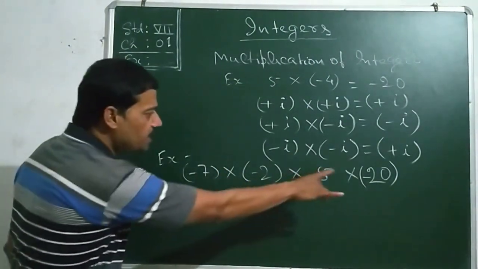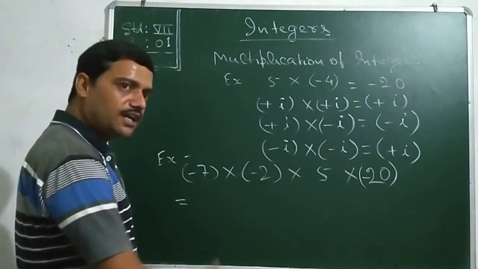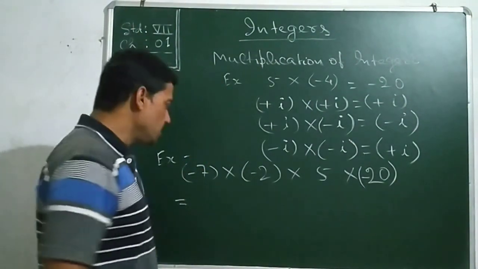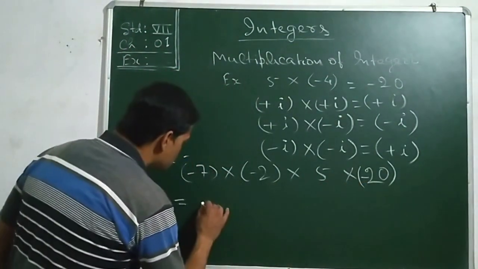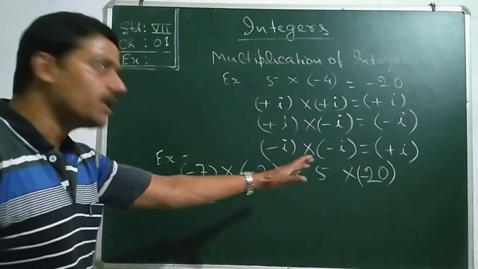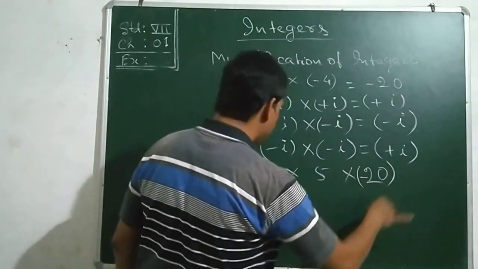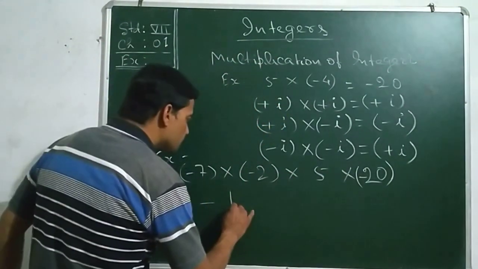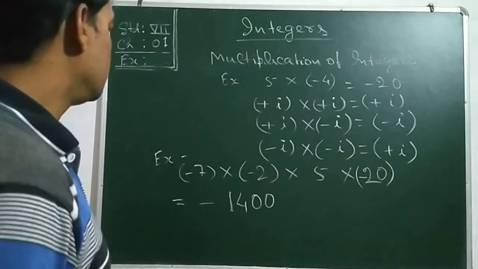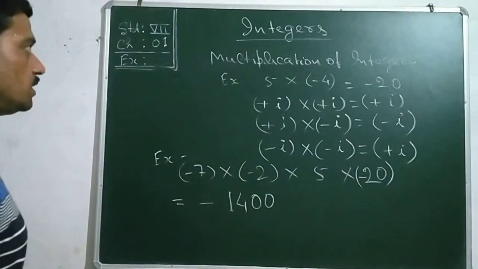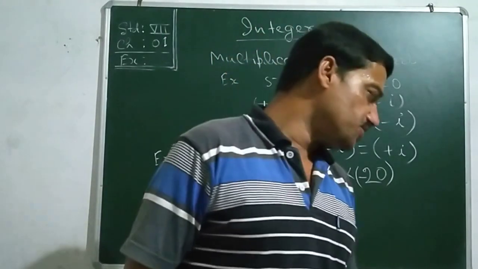If the number of negative integers is even, then the sign of the actual product will be positive. Hence, in this case there are three negative integers, so the sign will be negative, and the actual product of all these numbers: 7 times 2 is 14, 14 times 5 is 70, and 70 times 20 is 1400. In this way, you can go for the multiplication of two or more than two negative integers also.